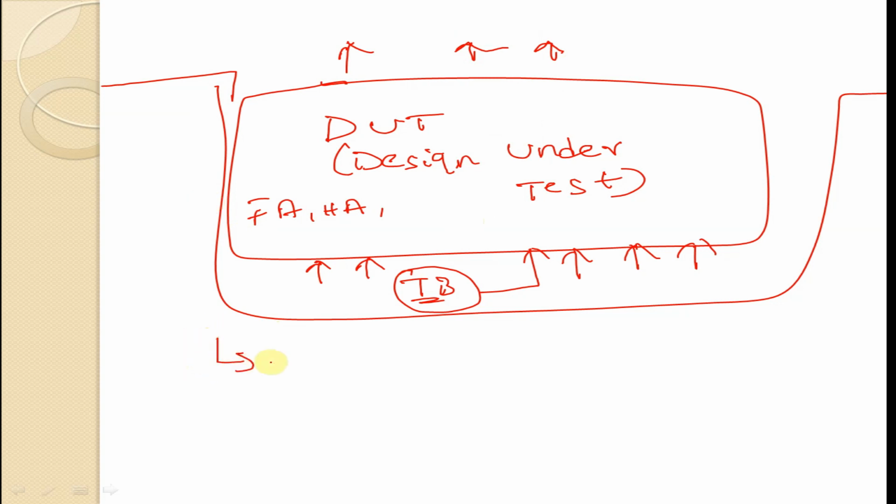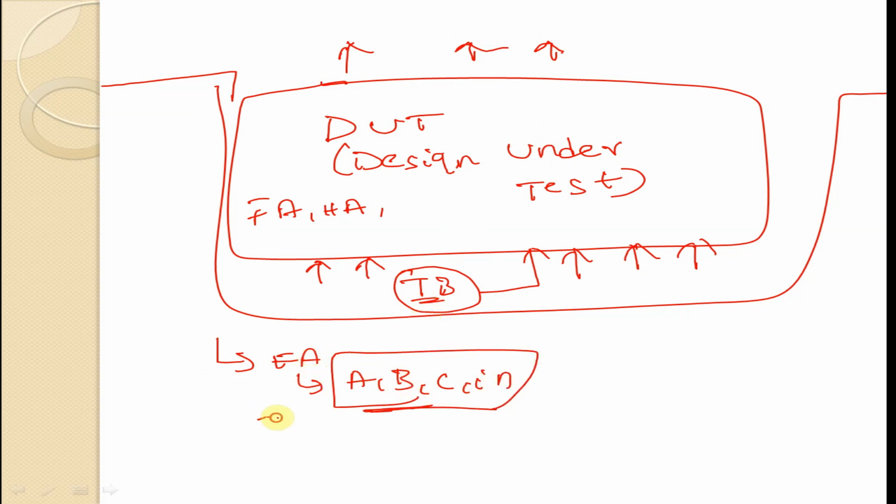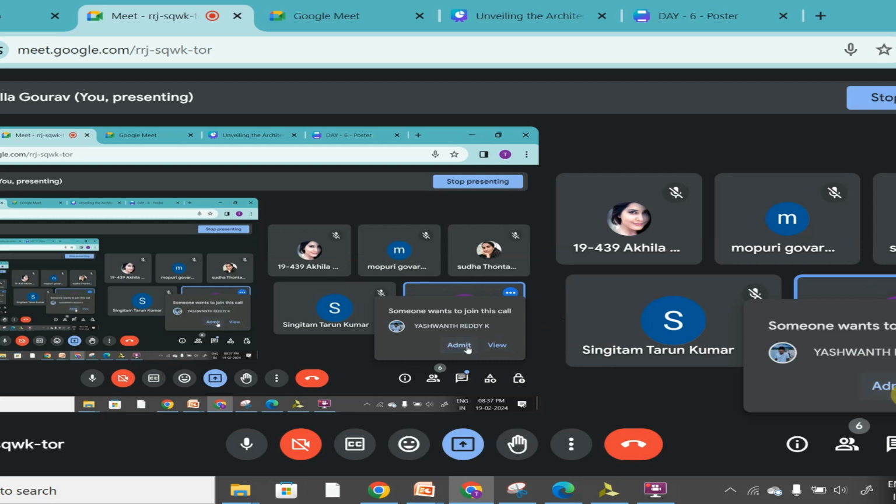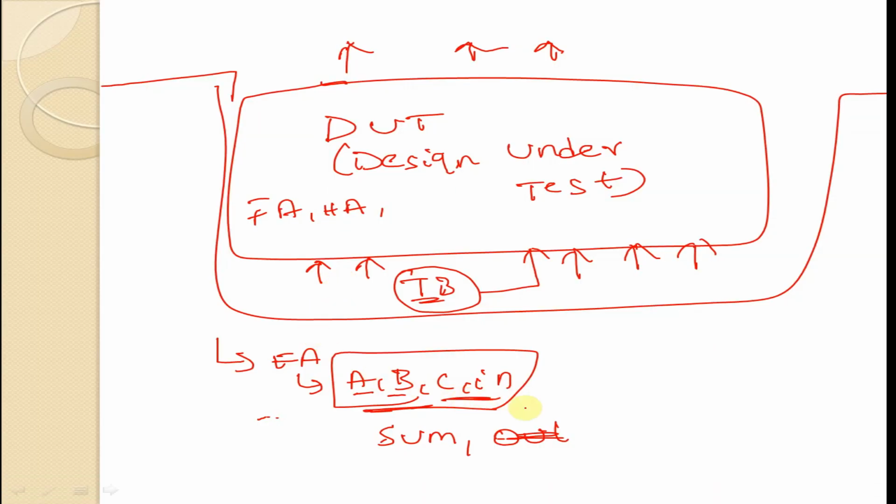For example, in the case of our full adder, the inputs for our design are inputs A, B and carry in. We will be supplying these inputs from our test bench. So we are supplying these inputs A, B and C in from our test bench, and we are getting outputs from our full adder, that is design under test, called sum and carry out from our design, and we are capturing it in our test bench.